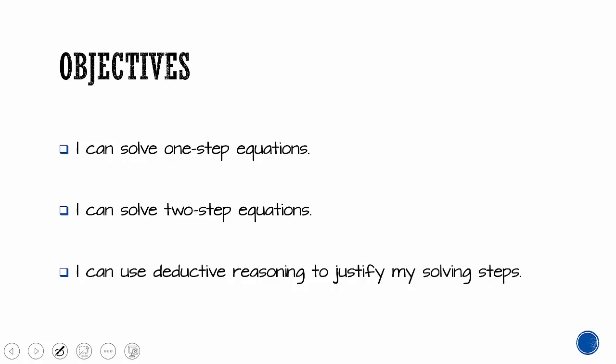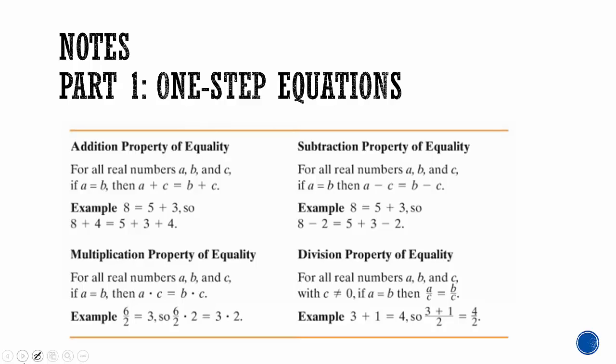So by the end of this, you should be able to solve one-step equations, two-step equations, and be able to justify your solving steps. So go back to one-step equations for a second, and let's remember some of the properties that we already know how to use.